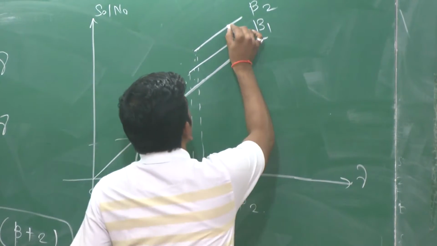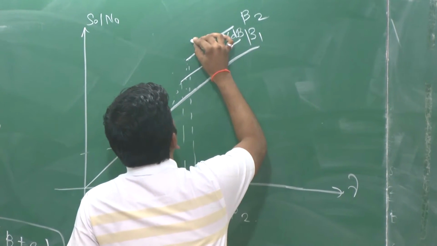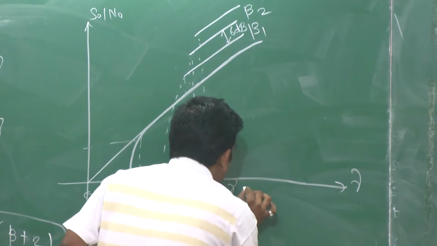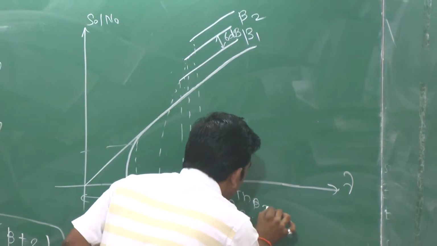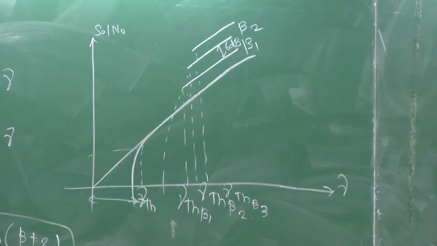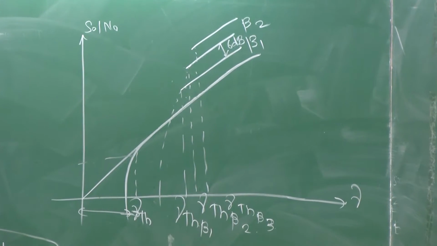This hike is 6 dB. Then the gamma threshold for beta 3. I got the limitation of the angle modulated system.